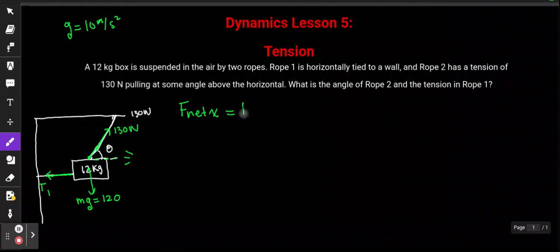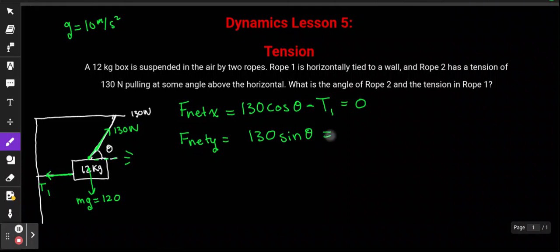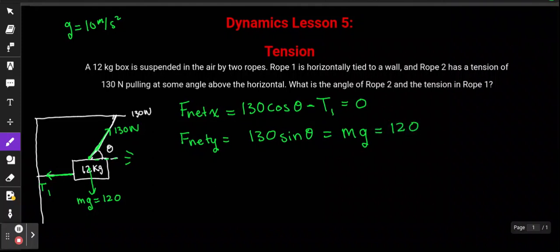So we have 130 cosine of theta, which is the x component of rope 2, minus tension 1, and this is equal to 0. F net y is simply 130 sine theta, which is the y component, which has to equal mg because they have to cancel out, which is equal to 120 newtons.